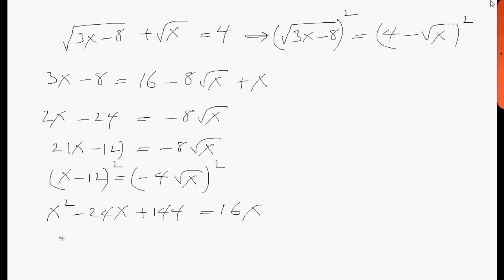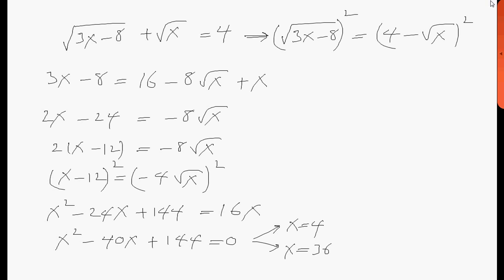So this becomes x squared minus 40x plus 144 equals 0. And if you solve this quadratic equation, you get two answers. You get x equals 4 and x equals 36. Again, you have to check your solutions.